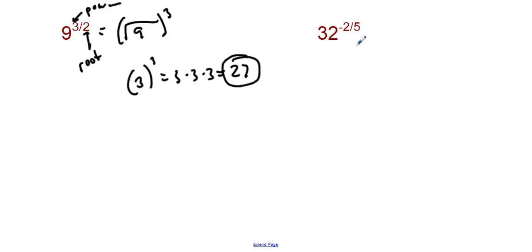Let's try another one. If I have 32 to the negative 2/5 power, this is the root, this is our power. So it would be the 5th root of 32 raised to the negative 2nd power.